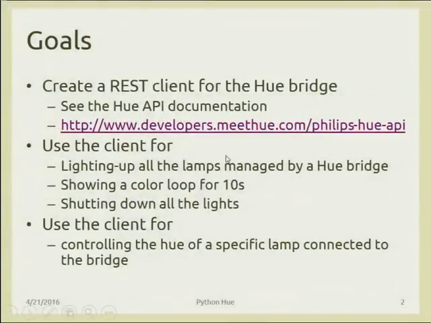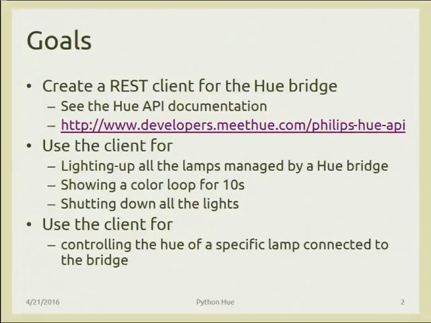Right now, this has no internet access, so in a moment I will connect to this network and I lose internet. So today we can try to create this REST client for lighting up all the lamps, in this case two, showing a color loop for 10 seconds, and then shutting down all the lights.